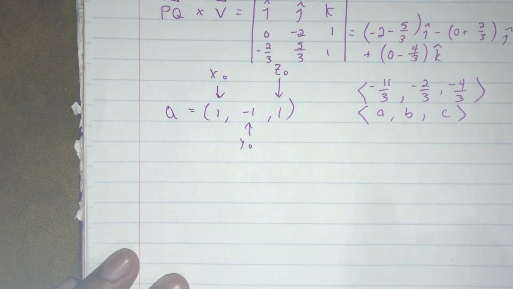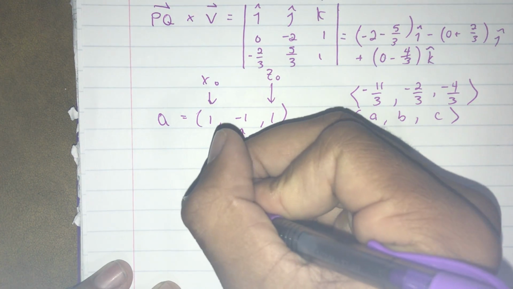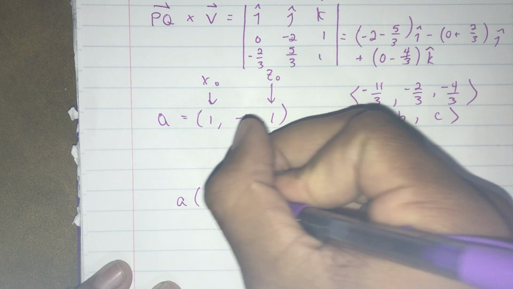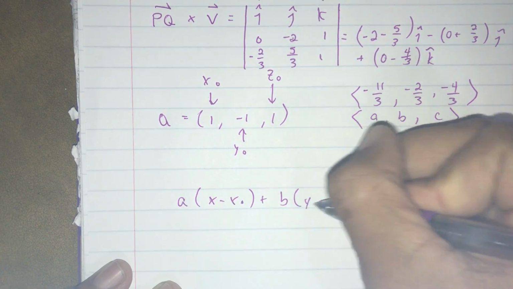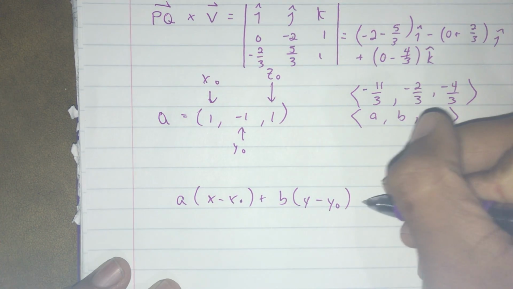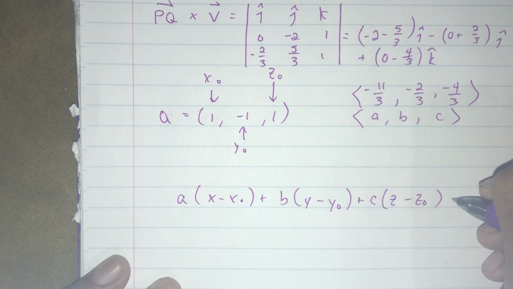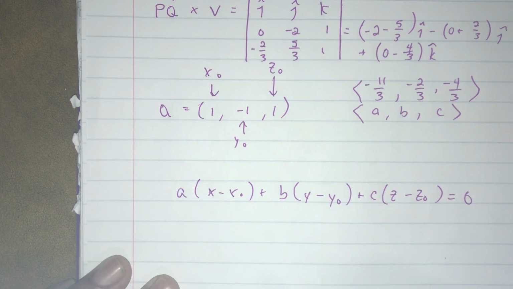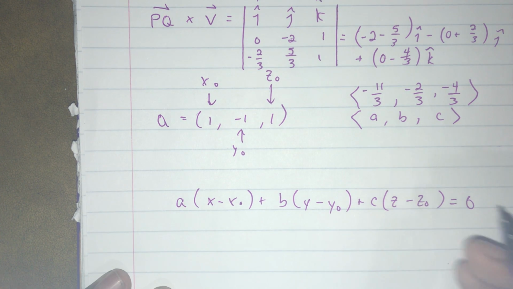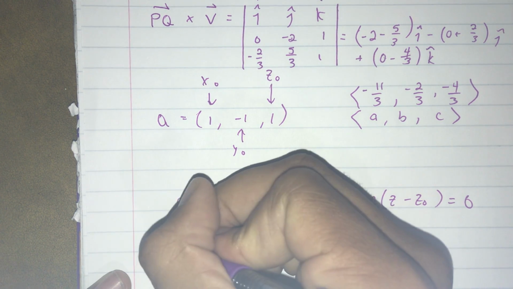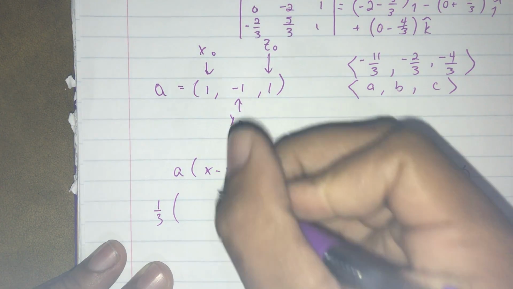And then we're going to plug that into the formula for a plane, which is a(x - x naught) + b(y - y naught) + c(z - z naught) = 0. Plugging in our values, since all these are divided by 3, I'm just going to factor out 1/3. So a, since we took out that 1/3, is just -11.